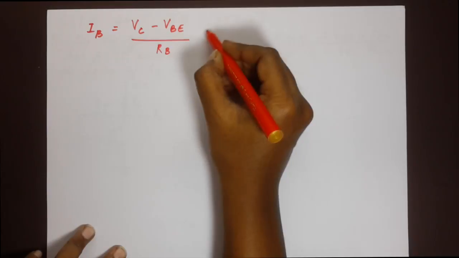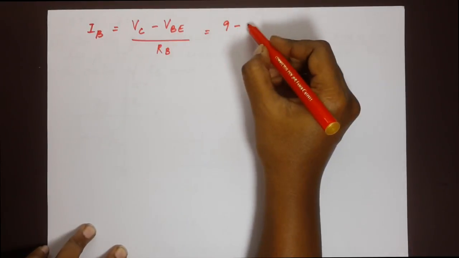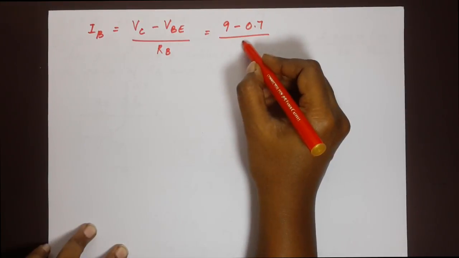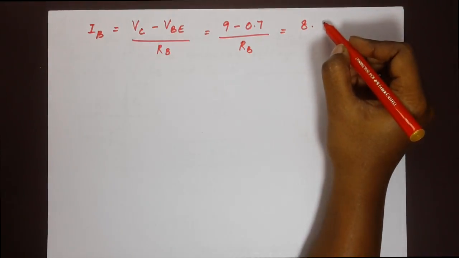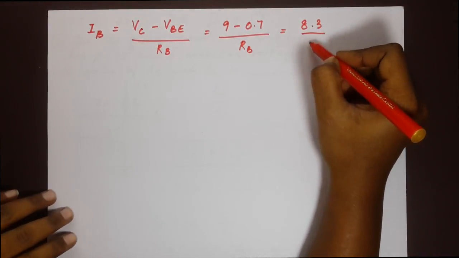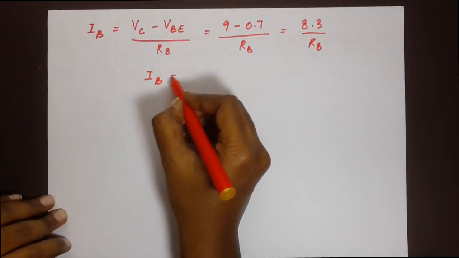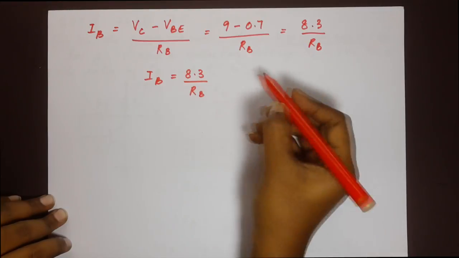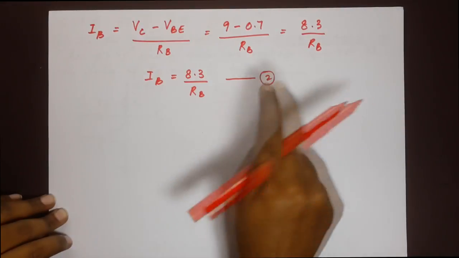So Vc is given to us as 9, minus VBE, the standard value that I mentioned earlier, which is 0.7, divided by RB. So this is 8.3 divided by RB. So that gives us IB is equal to 8.3 by RB. So this is our next relation, number 2.